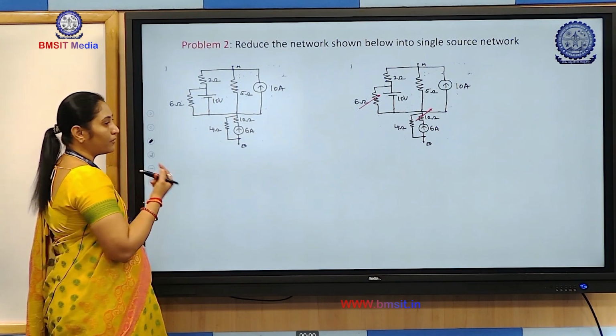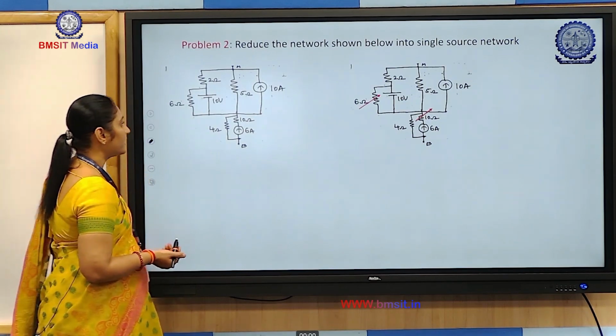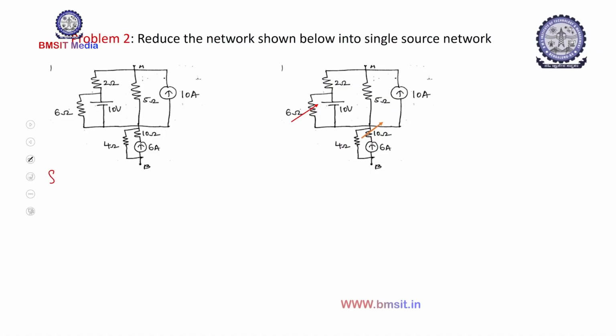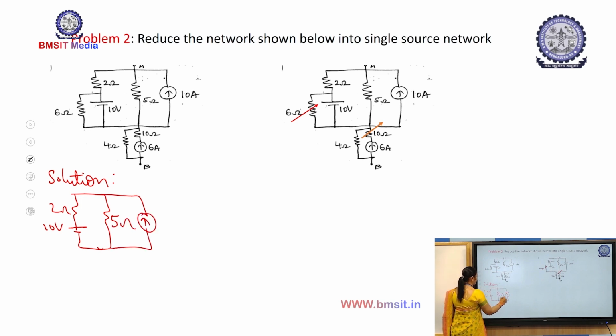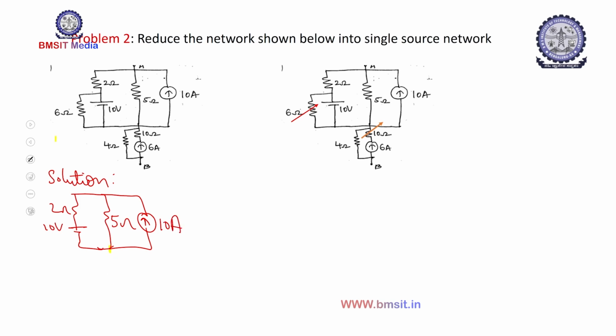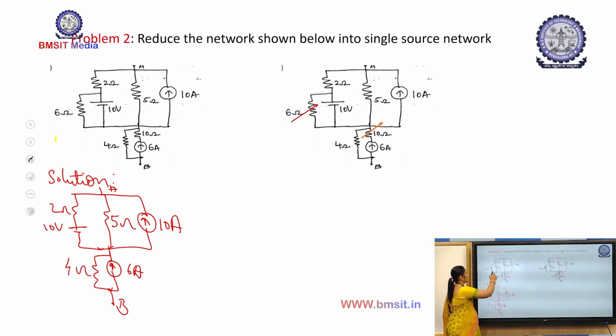So after removing the redundant elements in the network, the resultant network will be 2 ohms followed by 10 volts, 5 ohms, 10 amps. This has to be removed. This is the reduced network from this to this.